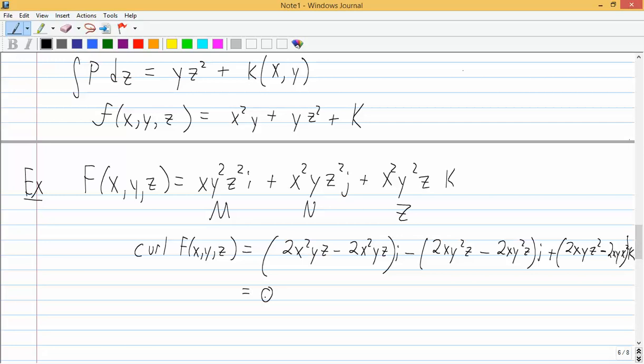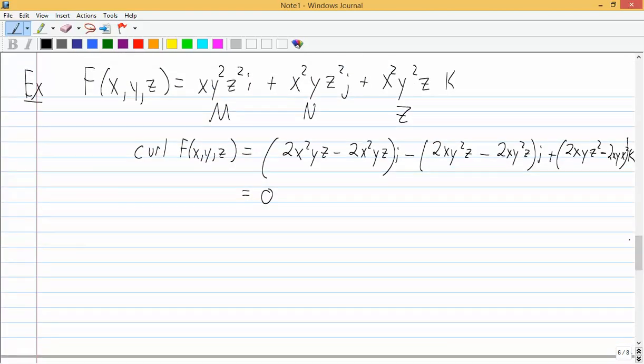All right, so when I took the curl of F, I did get 0, so that is conservative. We'll do the integral of m with respect to x. That's going to be 1/2 x squared y squared z squared, plus g of yz.